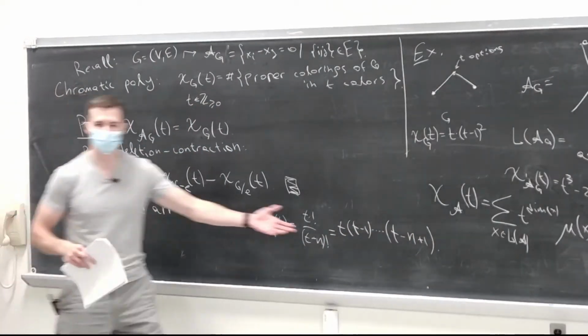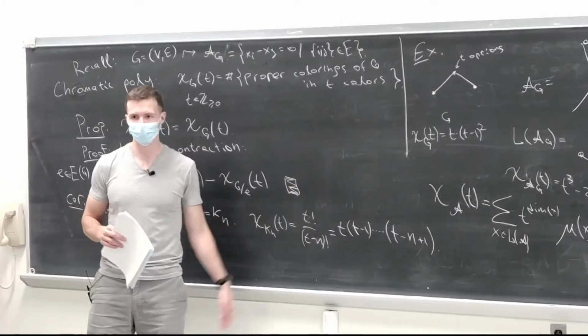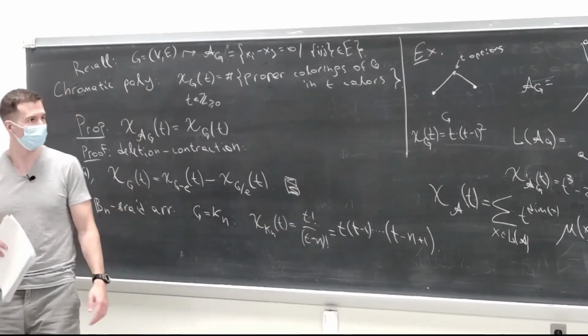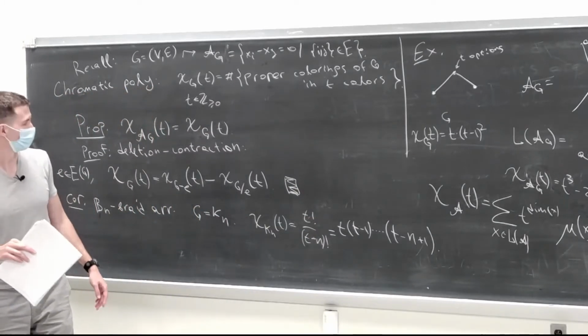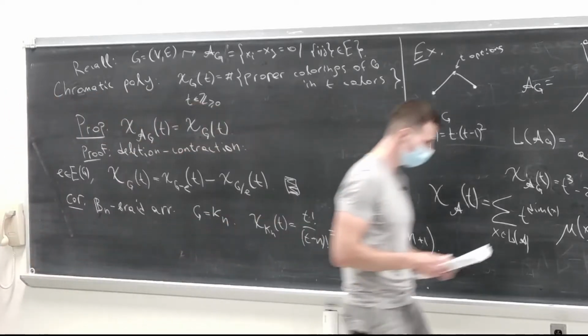So that's the characteristic polynomial of the Braid arrangement, which I think we computed previously in a different way.